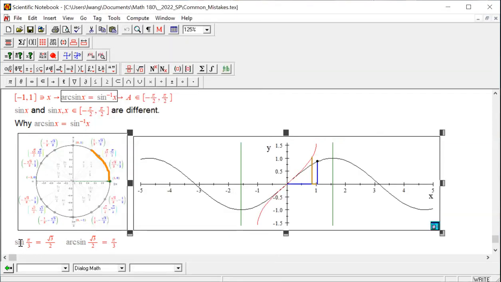So for the inverse of the sine function, the red, the horizontal orange corresponds to the blue. The vertical becomes horizontal, because that's the input for arc sine.